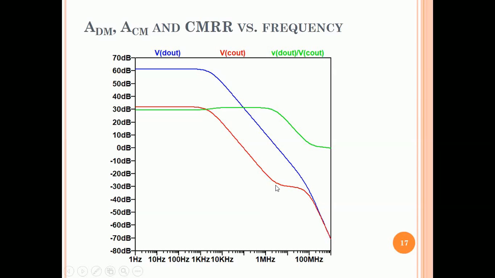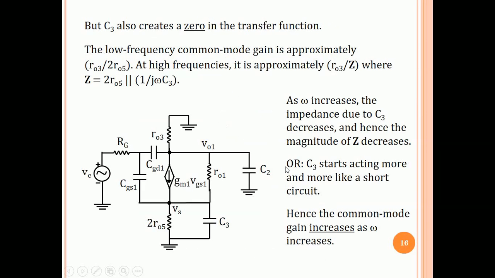But here, the zero occurs of the common mode gain. The common mode gain encounters a zero, and so the gain stops falling. The differential mode gain is falling, the common mode gain has become constant. So what happened? As this becomes a short circuit, the common mode gain becomes larger.